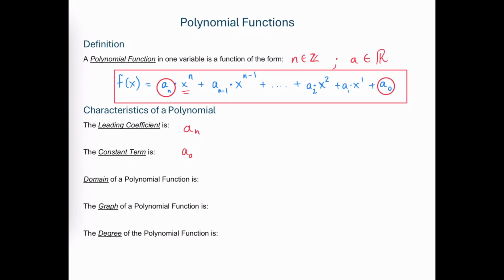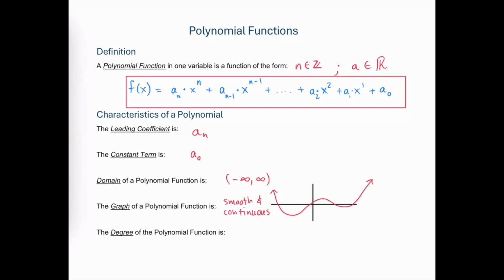The domain of any polynomial function is all real numbers. So the graph of the polynomial function is going to extend from negative infinity to positive infinity, and we say that these graphs will always be smooth and continuous. There are no sharp corners, there are no gaps, there are no asymptotes in a polynomial.